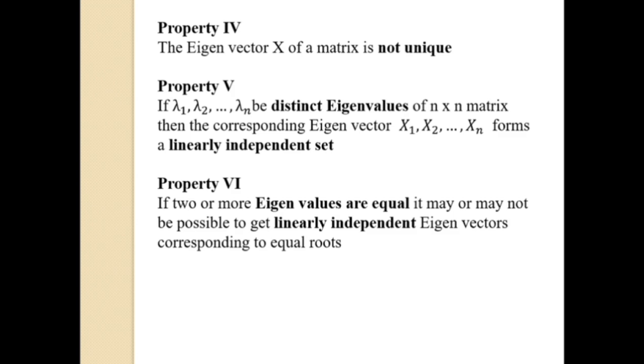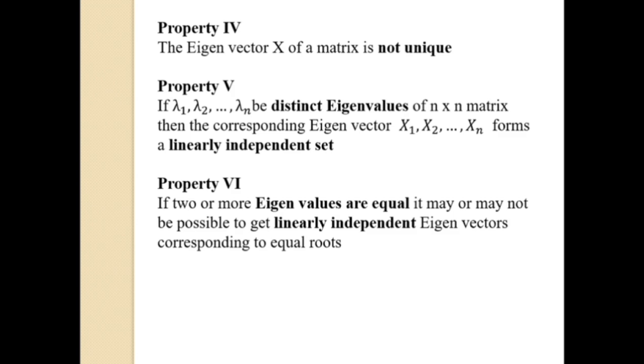We need to know what a linearly independent set is. A set of vectors is called linearly independent if none of the vectors in the set can be written as a combination of the others.